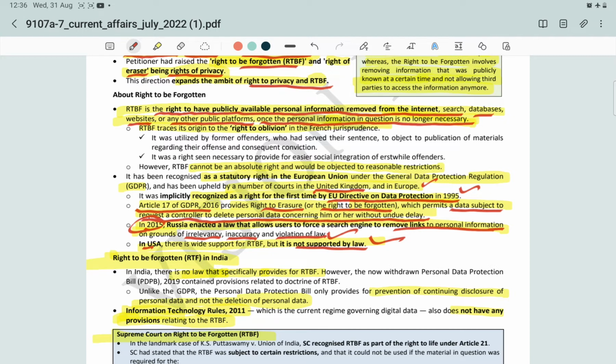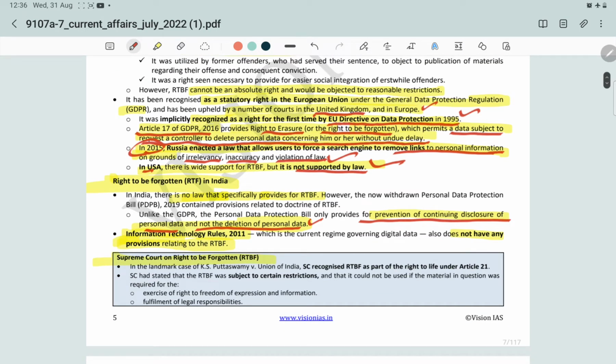Unlike the General Data Protection Regulation, the bill only provided for the prevention of continuing disclosure of personal data, not the permanent deletion of that data. And digital data in India, which is governed by the Information Technology Rules 2021, also does not have any provisions related to the right to be forgotten.